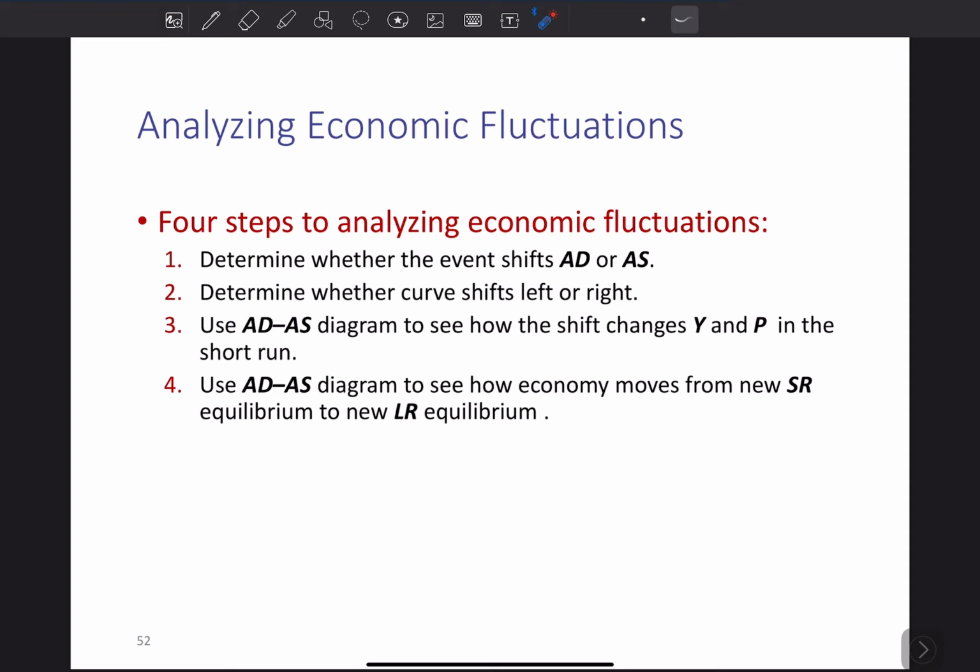And one more step, we are going to look at the long-run adjustment: how the economy will get back to the long-run situation, and how it moves from the short-run equilibrium to a new long-run equilibrium. Is the new equilibrium the same as the previous one, or will we have new long-run amounts for Y, P, and unemployment? Okay, let's look at some examples.